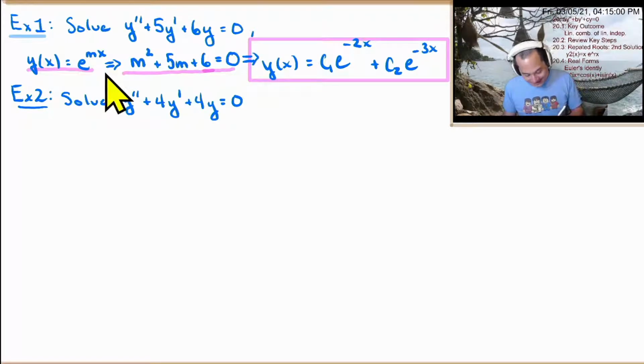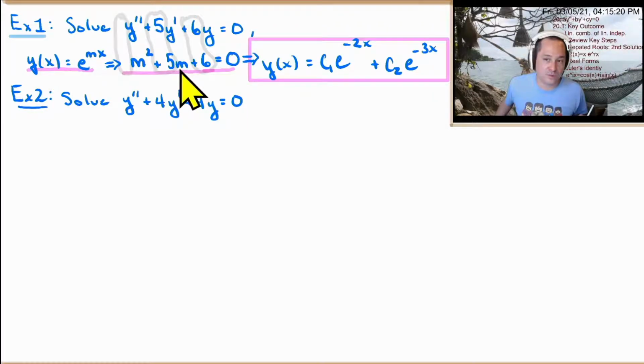But the key thing here is that you should and could and are encouraged to go from the differential equation to the quadratic equation because there is a direct correspondence between the coefficients in the diffie-q and the coefficients in your quadratic. So if I were in a hurry, feeling confident about the method, I think these three outcomes right here are fine in terms of making quick work of these problems.